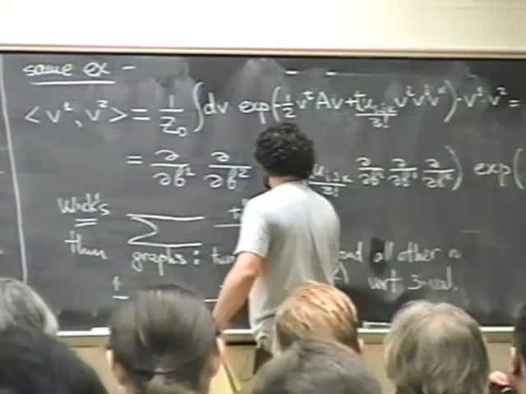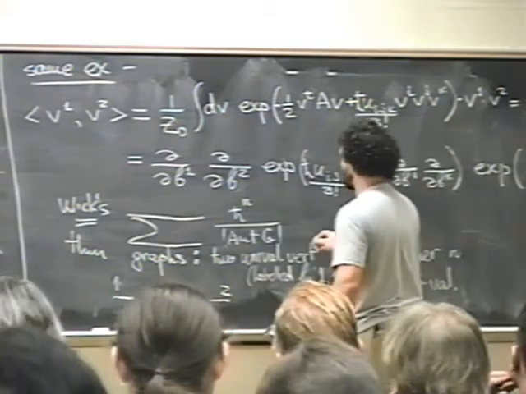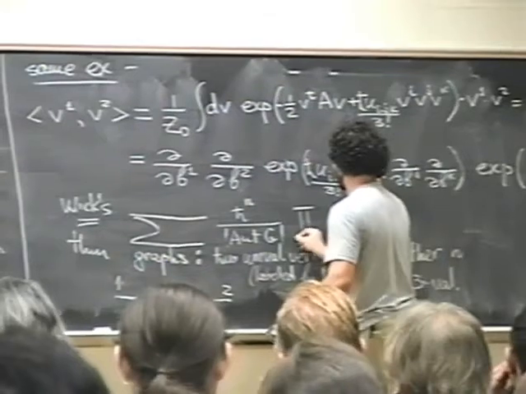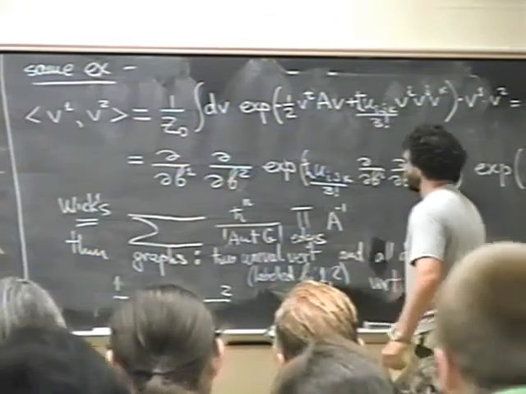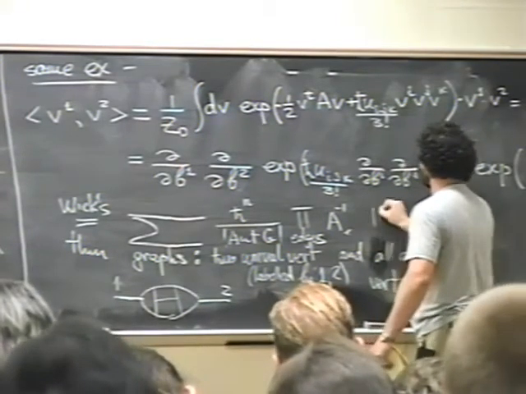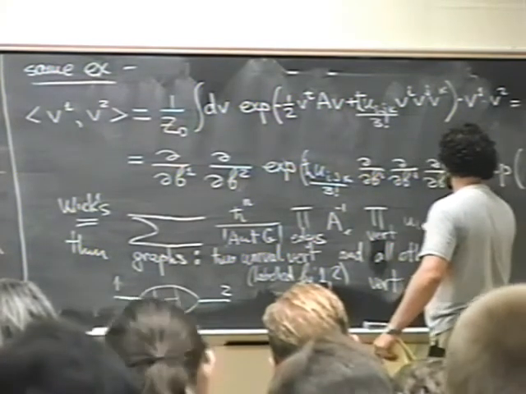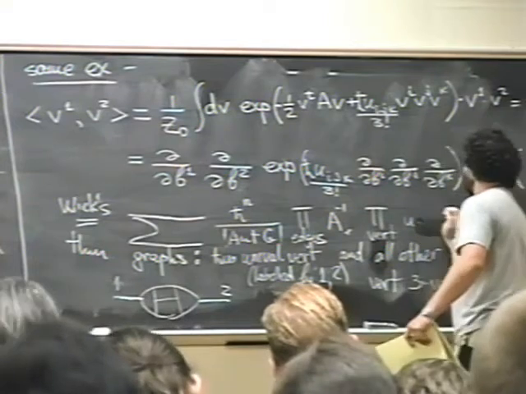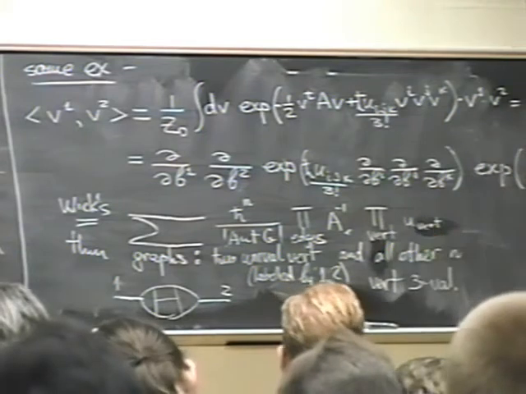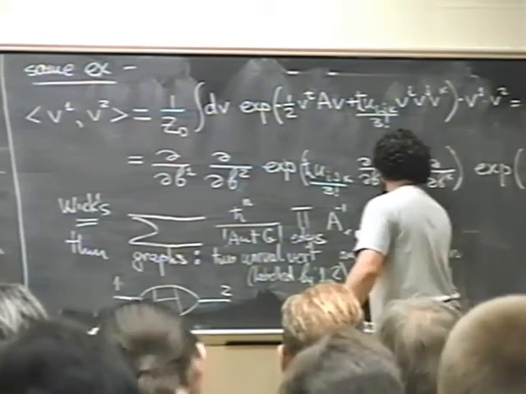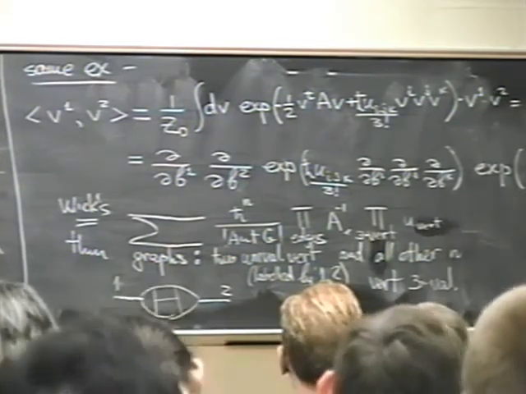So h to the power n over the automorphism of this graph, times the product over all edges of this A inverse of the edge, and then the product over all vertices of this u_ijk of the vertex. But these I understand only as trivalent vertices. So here they're only trivalent vertices, where I should take these factors.